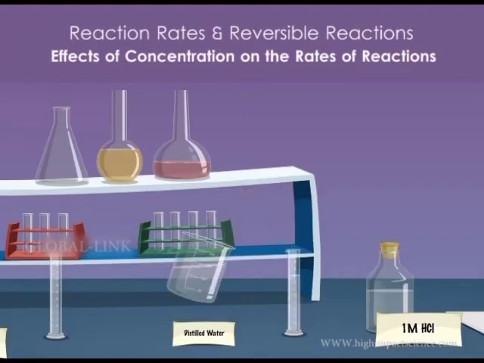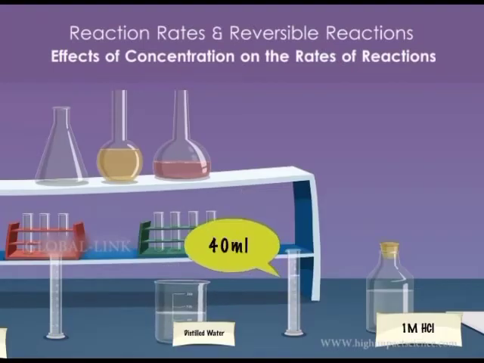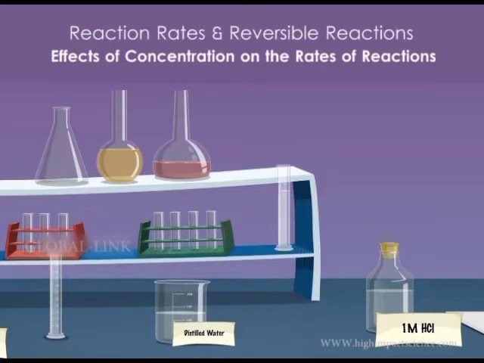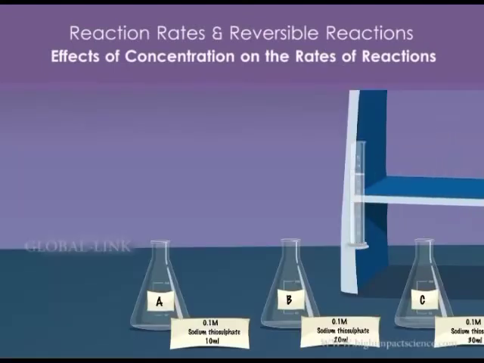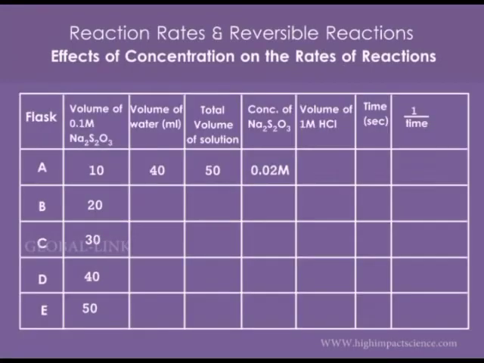We measure 40 milliliters of distilled water. We pour this volume into conical flask A. Now the total volume of the solution becomes 50 milliliters and the concentration drops from 0.1 molar to 0.02 molar.